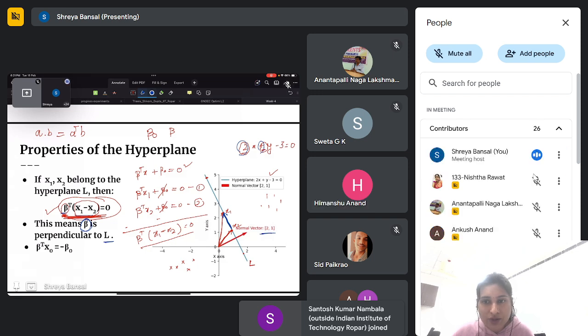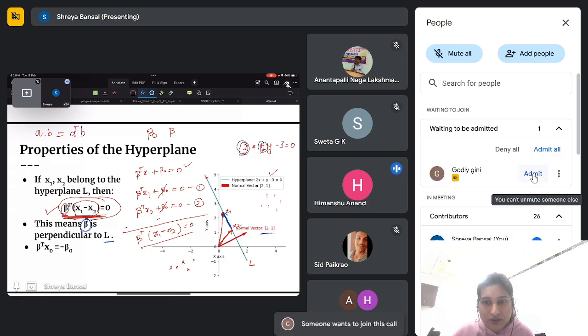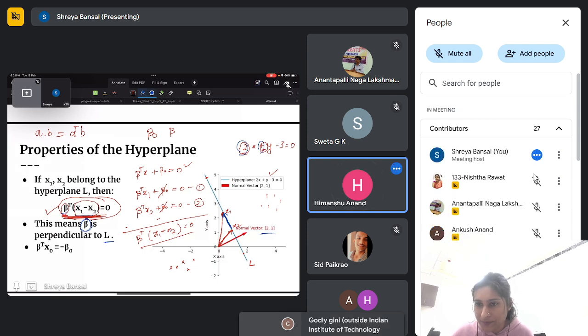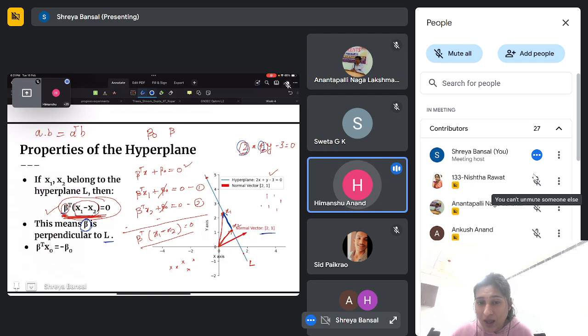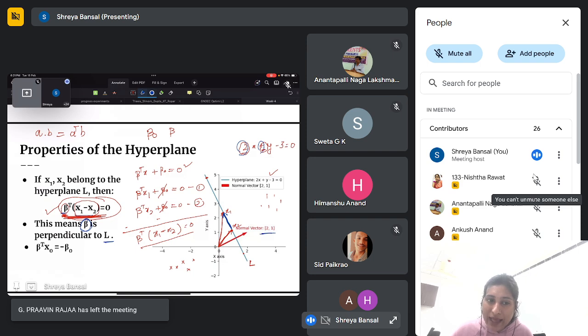Go ahead, Himanshu, do you have any doubt? Yes, ma'am. As you were saying, the value of beta is 0, but it may also be that x1 minus x2 is 0. I'm not saying the value of beta is 0. I'm saying that the dot product of beta and this line is 0. It means this beta is perpendicular to this line.